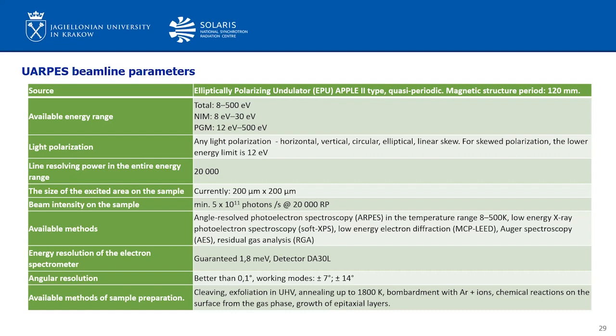Available temperature of the measurements is between 6 and 500 kelvins. Of course, our light is also characterized by low contamination of higher harmonics.